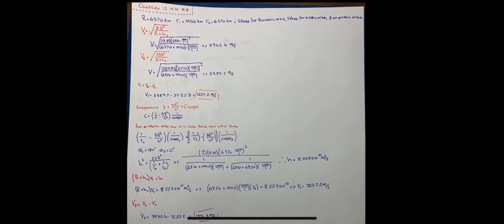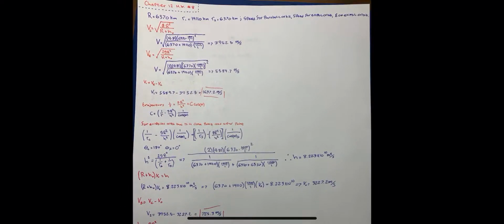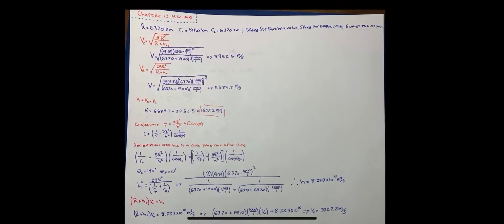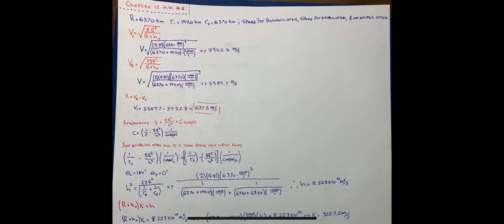So first off, we want to find the velocity going around the Earth starting off just in a circle, which can be modeled by this first equation. Vc is equal to the square root of g r squared over r plus ho. We have all the knowns, so we can plug in and find what the velocity is around the Earth starting.